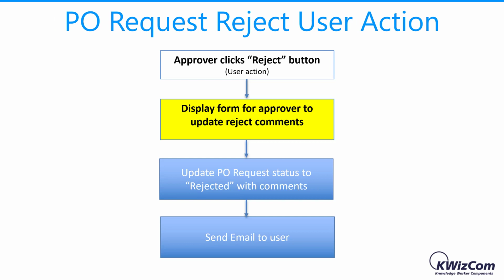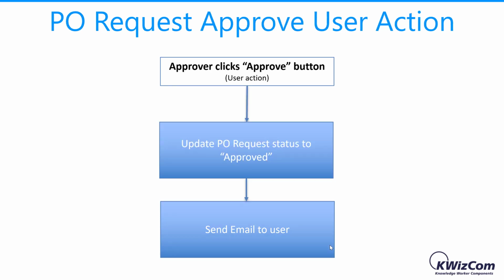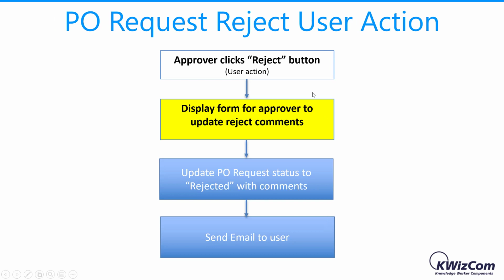Now I'd like to implement a new custom action for the case when the approver rejects the PO request. This is very similar to the previous custom action where the approver approved the PO request. But in this case, when the approver clicks a reject button that we will add, I want to show him a form, but not the regular form with all the fields of the PO request.